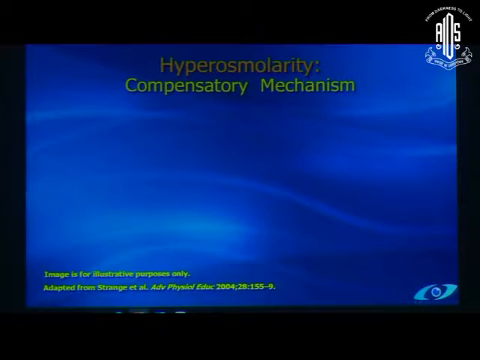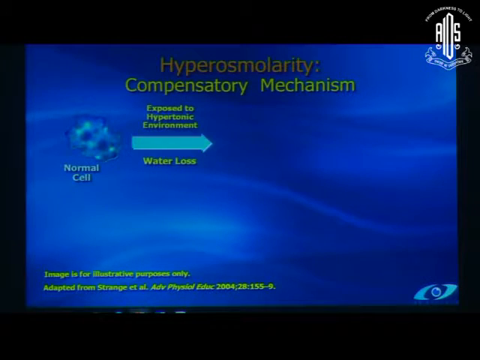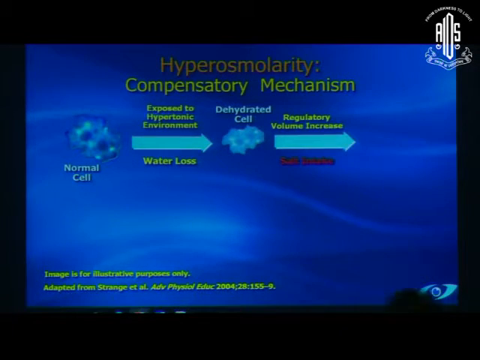So what happens when the cell is exposed to a hyperosmolar stress? This is what happens. The normal cell that is there, this animation takes forever, gets exposed to a hypertonic environment and gets dehydrated. And as it gets dehydrated, it gradually loses its shape and size, but the tissues can't shrink.